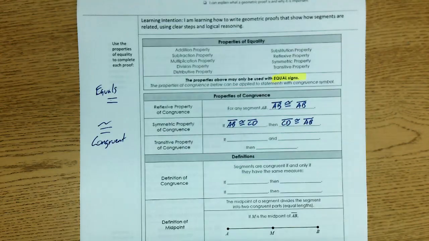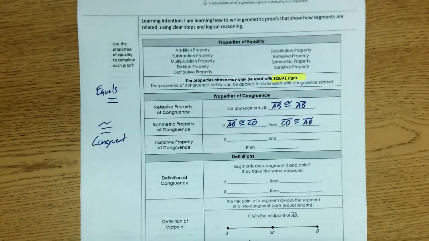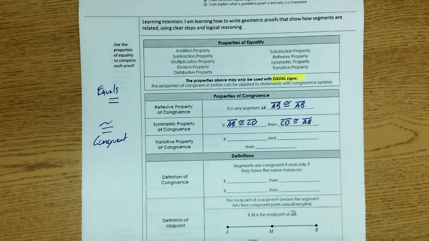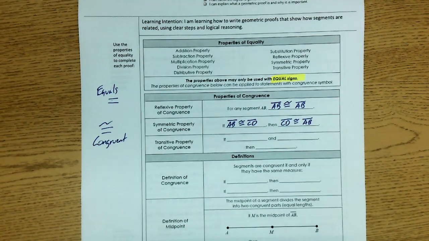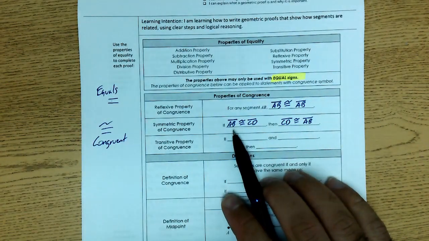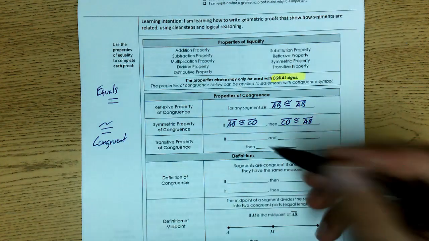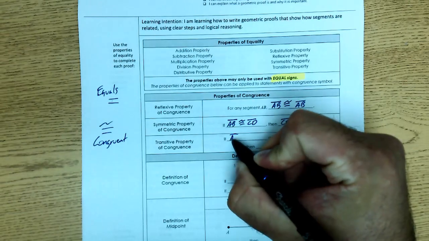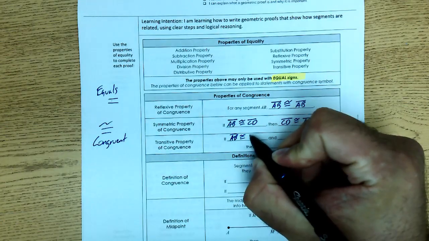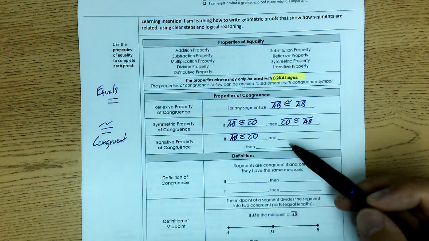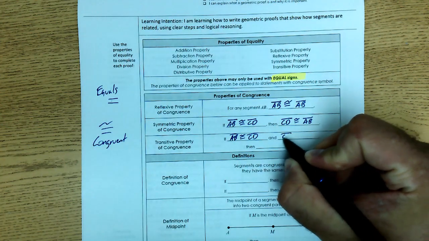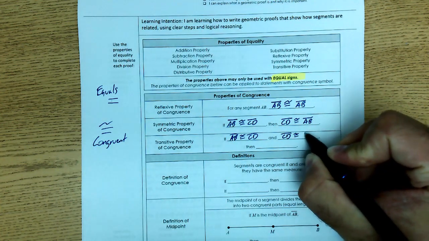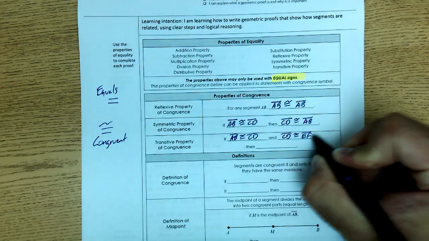All right. Last one of these is the transitive property of congruence. So again, we're taking a piece out of one, replacing it into another. So I'm going to use this same segment AB congruent to segment CD. Then I'm also going to say that segment CD is congruent to segment EF.